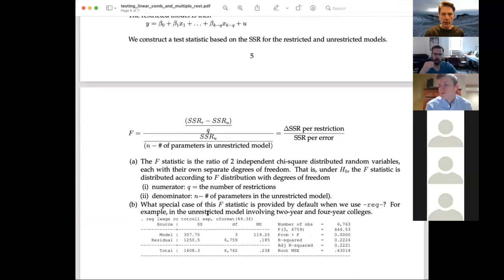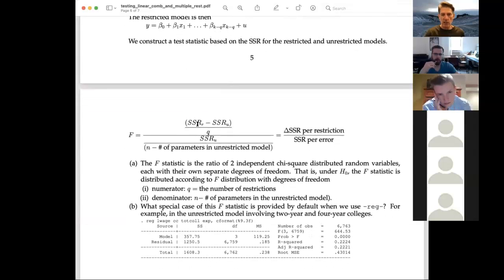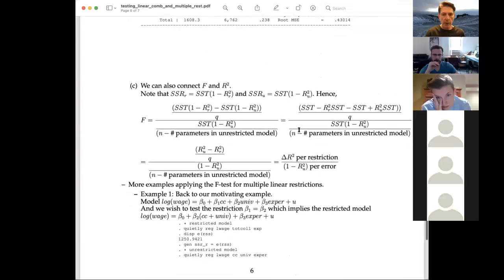So we can express the F statistic in terms of the change in SSR, the change in sum of squared residuals, or we could express it in this way. I don't think I went through this carefully, but the point here is that we could also write the F statistic in terms of the R squared.